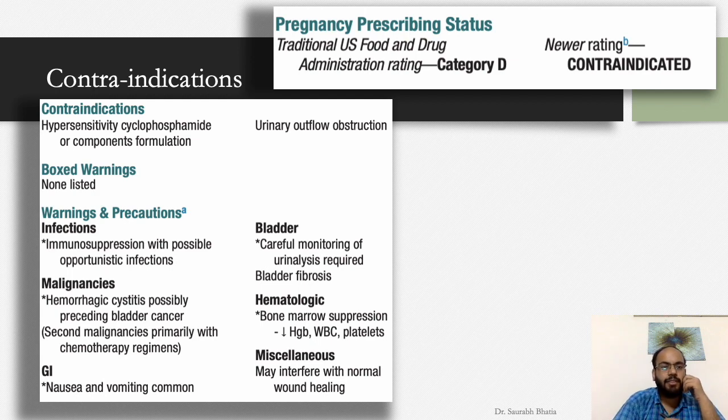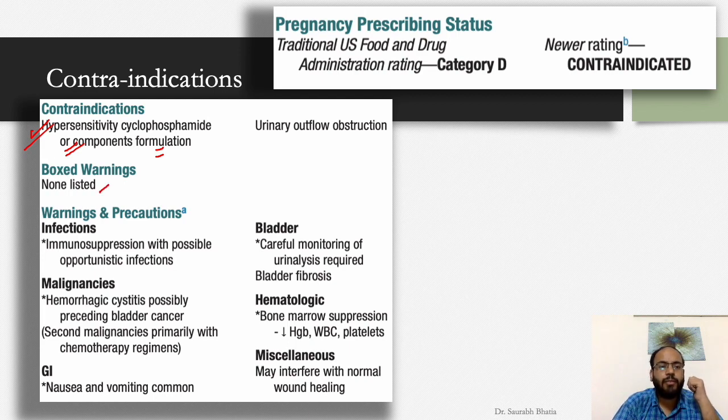Now, contraindications. Like always, hypersensitivity to the drug is an absolute contraindication. Also, hypersensitivity to the components of the formulation is contraindicated. So, if your patient is hypersensitive to either cyclophosphamide or the constituents of the formulation, that means the base, preservatives, stabilizers, you cannot use cyclophosphamide in those patients.